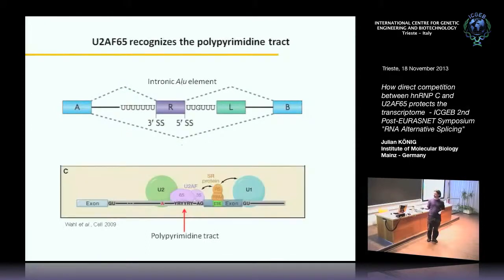And when we look at the schematic, the polypyrimidine tract, as you also heard this morning, is recognized by the very important splicing factor U2AF65. One possibility would be that binding of hnRNPC to these uridine tracts prevents their recognition by U2AF65, and this would be the mechanism of preventing the inclusion of these cryptic exons.